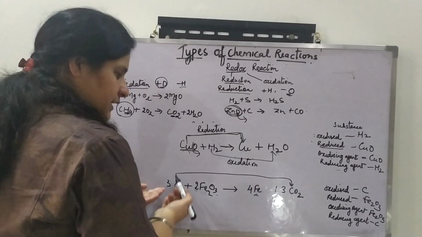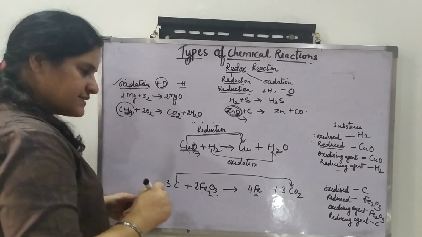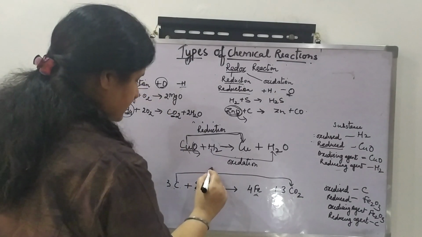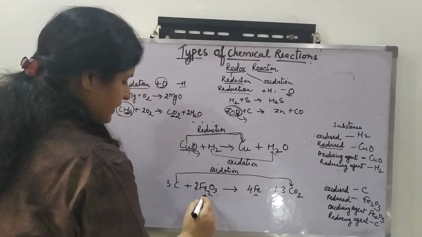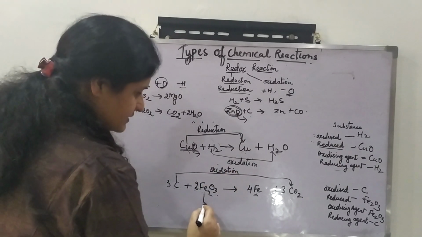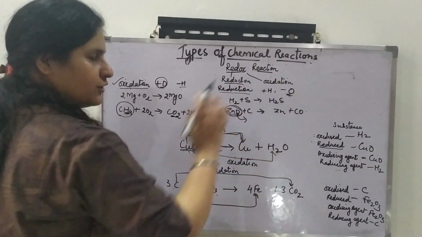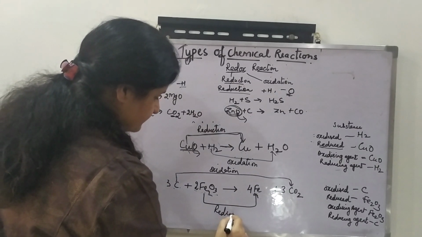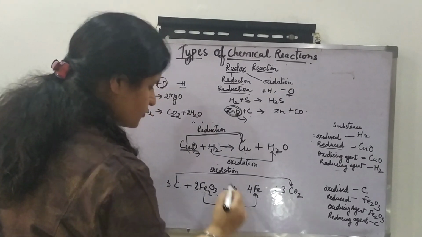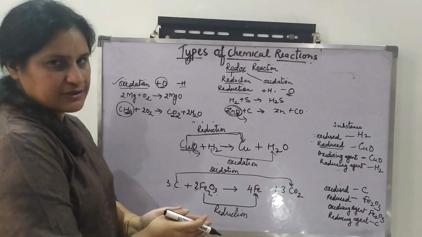So what is being added to it? Oxygen. So oxygen is being added, so it is oxidation. And here ferric oxide is changing into iron. Oxygen is removed. So what is happening here? Reduction. So both oxidation and reduction are taking place, so it is a redox reaction.